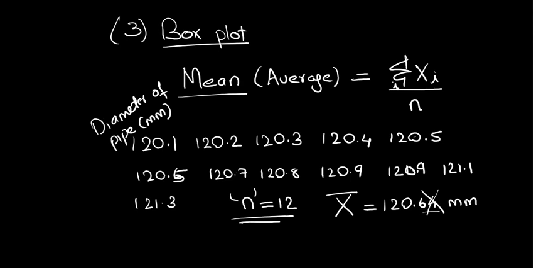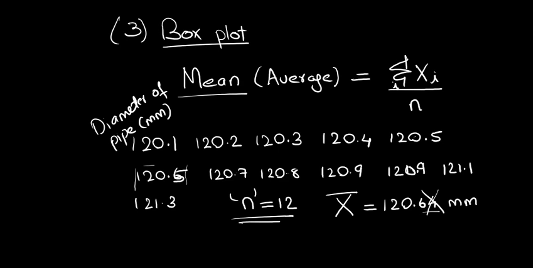What is the middle number? In this case it is the sixth observation. 1 2 3 4 5 6, but if I choose 6, it is not splitting it into two equal halves, because there are only 5 observations before that and 6 observations after that. So it is not exactly the middle value.